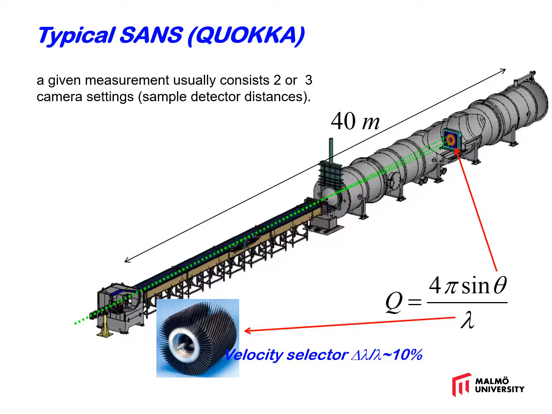It goes along the collimation, and then it interacts with the sample, which is there between the tank and the end of the collimation. And we have a detector that we can move up closer, further away, or in the middle to make measurements. The whole instrument's about 40 meters long, and I'll show you a picture of it later in another slide.